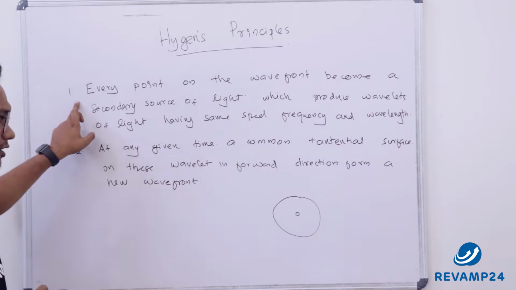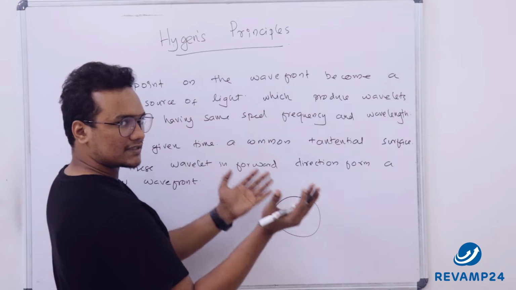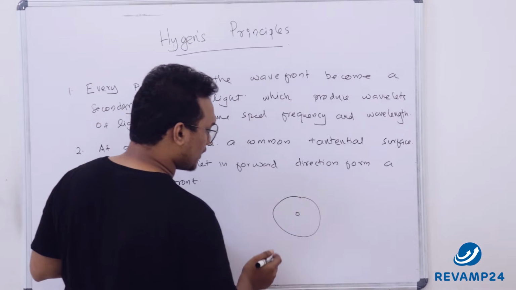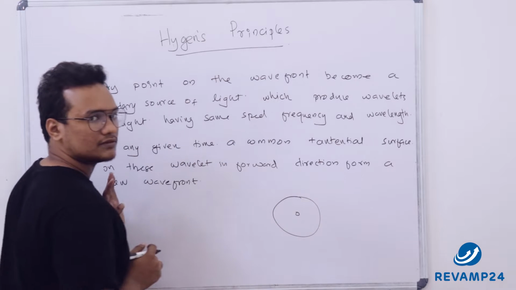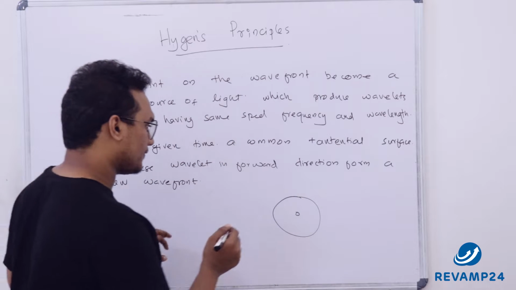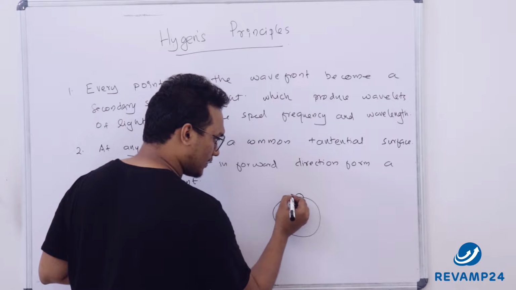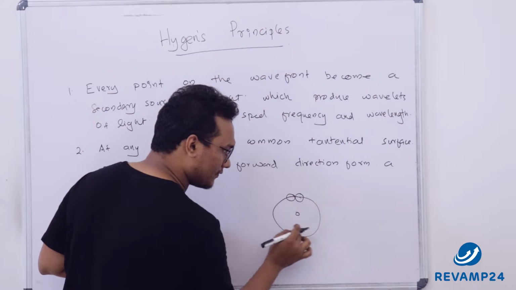Now, as per this postulate, every point on the wavefront, so three-dimensionally it would be a sphere, right? So every point on this wavefront can act as a source of a secondary wavefront. If this is a point, this will create a wavelet. This will create a wavelet. In the same way, a source has created a wavefront.